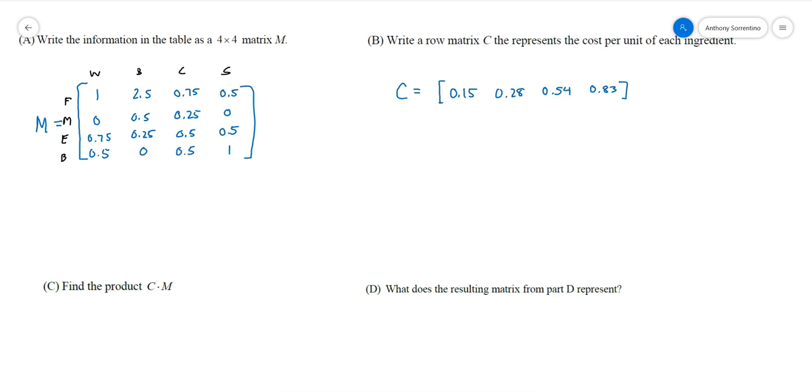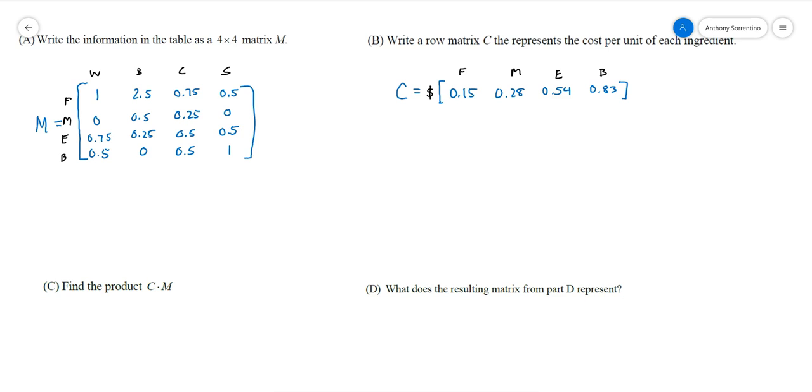But again, I have to remember what these are. This is how much it costs for flour, how much this costs for milk, how much this costs for the eggs, and how much it costs for the butter. And of course, what I have here is dollar amounts.